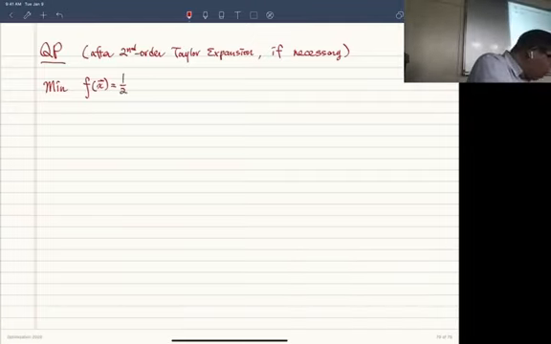So the optimization does nothing to the constant. If there's a constant term in your objective function, it doesn't change the solution. You don't need to handle it. You can just get rid of it. So that's why there's no constant term.